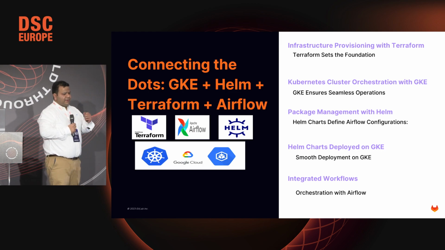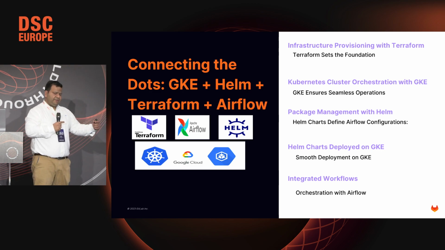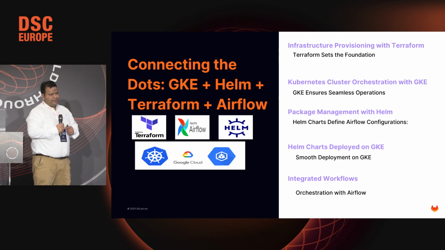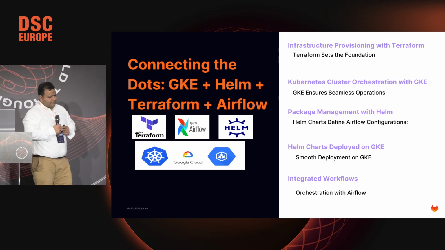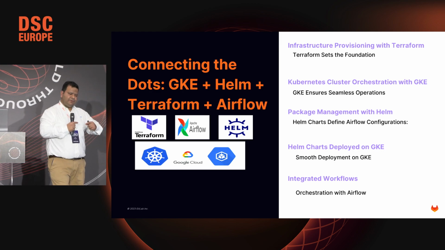And then Kubernetes cluster orchestration with GKE. GKE ensures seamless operations between the pods of the web server, the scheduler, the PgBouncers, the Git repository, and the Git sync sidecars as well. That's set up by Terraform, and then Kubernetes plays its role.